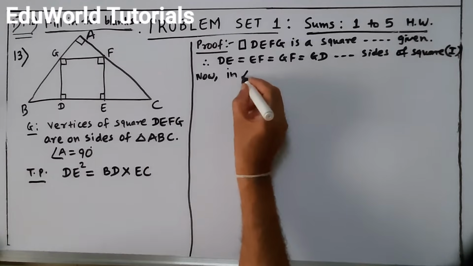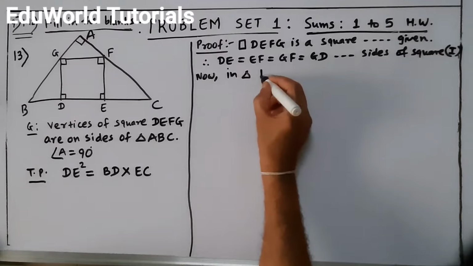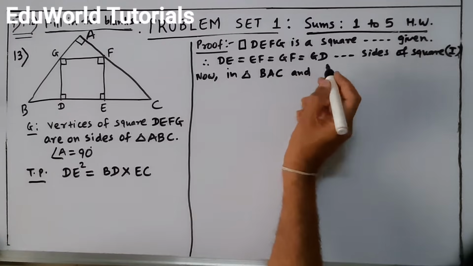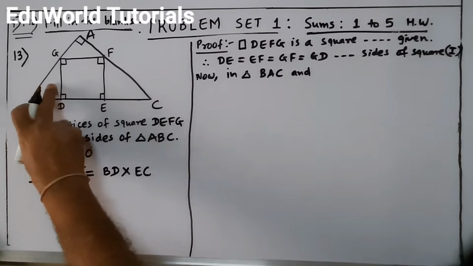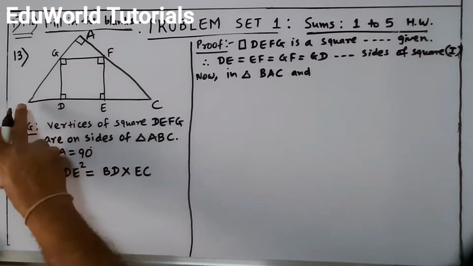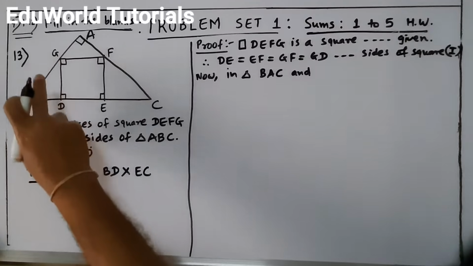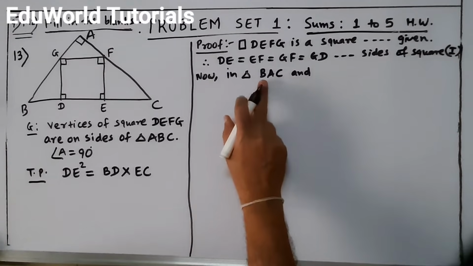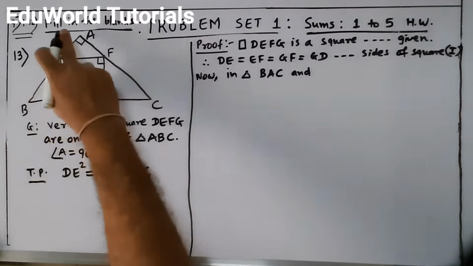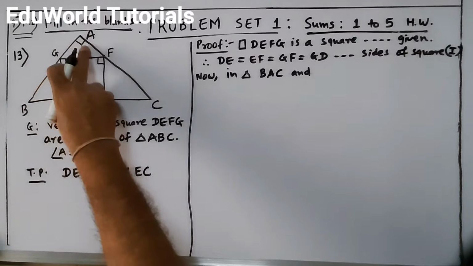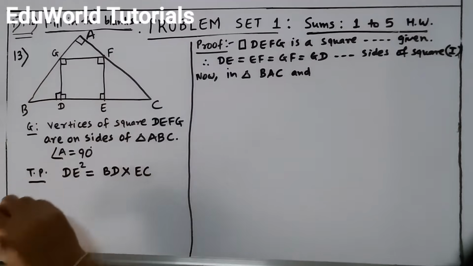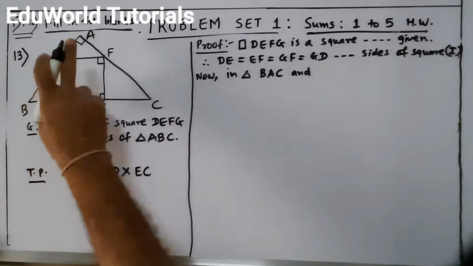In triangle BAC, and what I am doing is, I am considering a small triangle, this triangle BDG, and you know how to maintain the correspondence of the vertices. In triangle BAC, A is right angle, and in triangle BDG, D is a right angle, and B is a common angle in both the triangles.